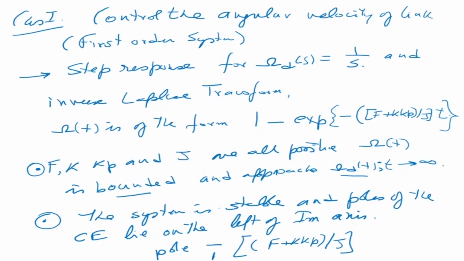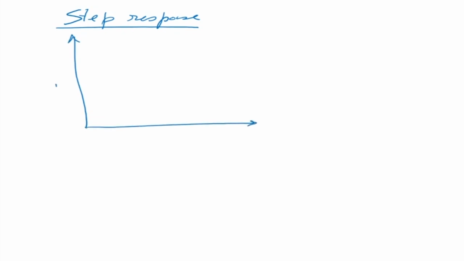Now for case 2, let us look at the step response. If you plot it, it becomes clearer. This is my x-axis, this is a unit step input, and this is my time axis.